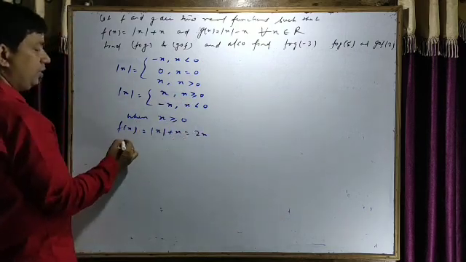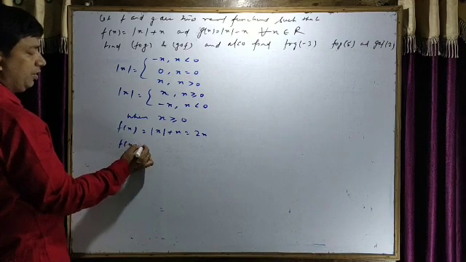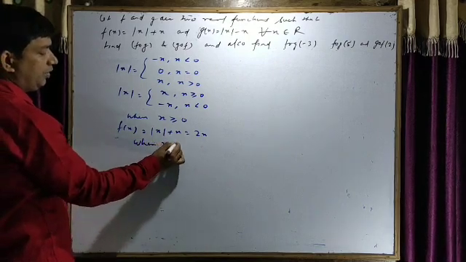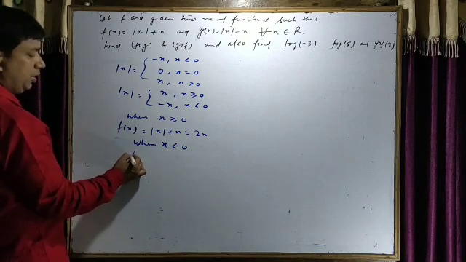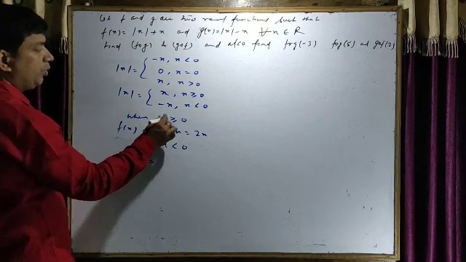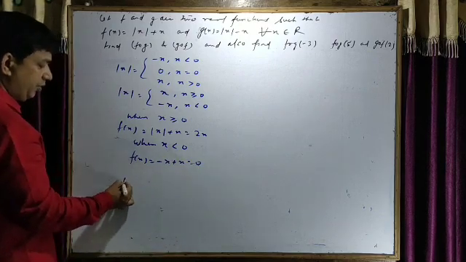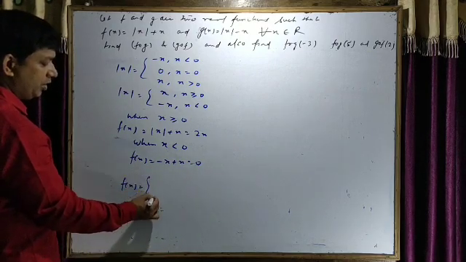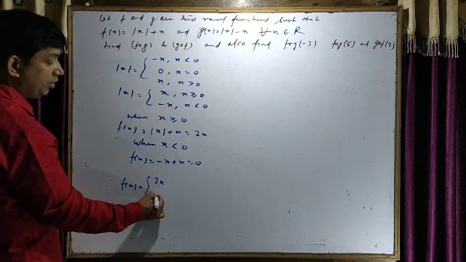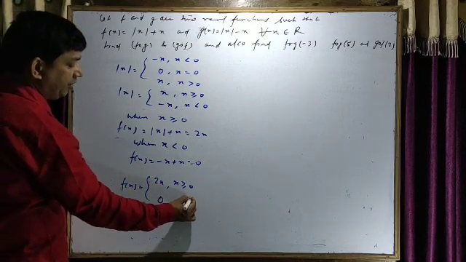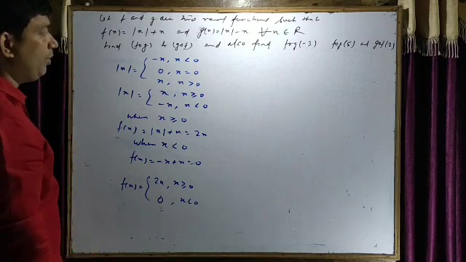Again f of x when x is less than 0: mod x is minus x, plus x gives 0. So f of x is 2x if x is greater than or equal to 0, and 0 if x is less than 0. This is the value of f of x.